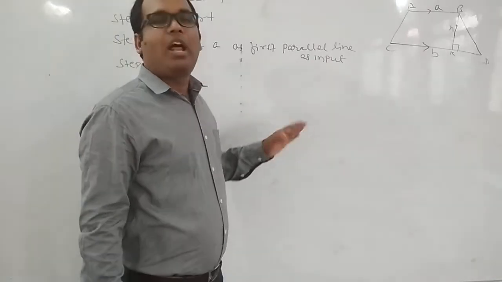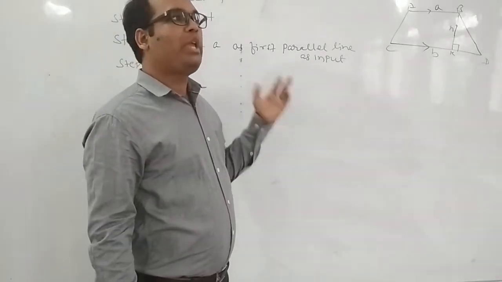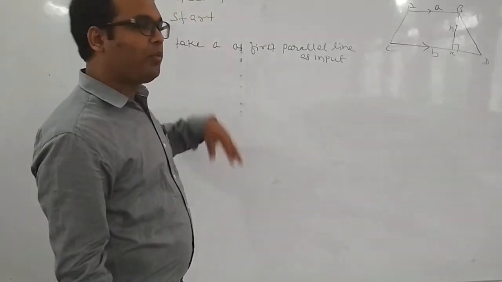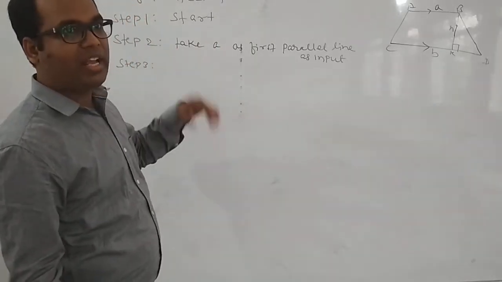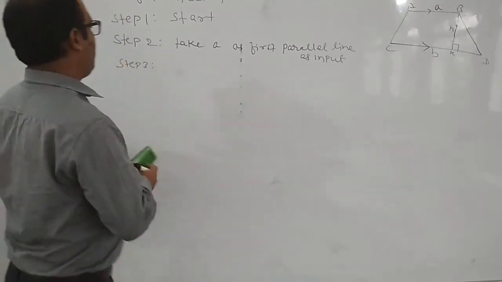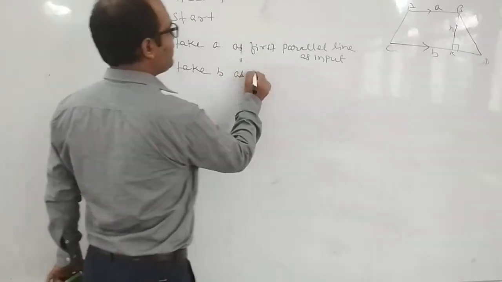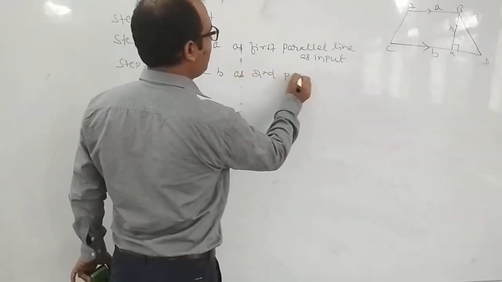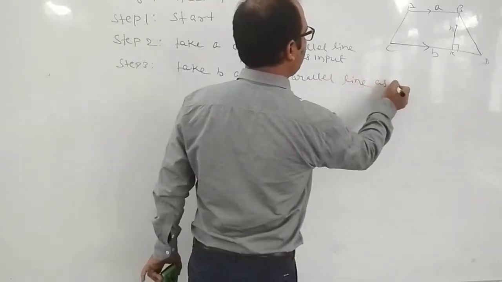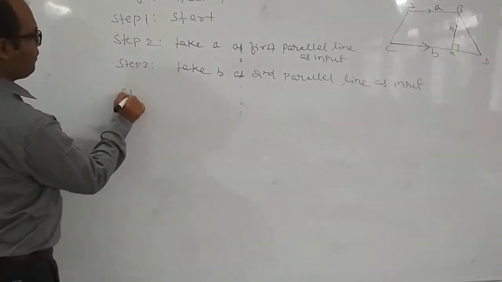In the earlier example I took all the inputs at a time, but we have a provision to take the input step by step. If you want, you can also take all the inputs at a time. Next, take B as the second parallel line as input. Step 4.